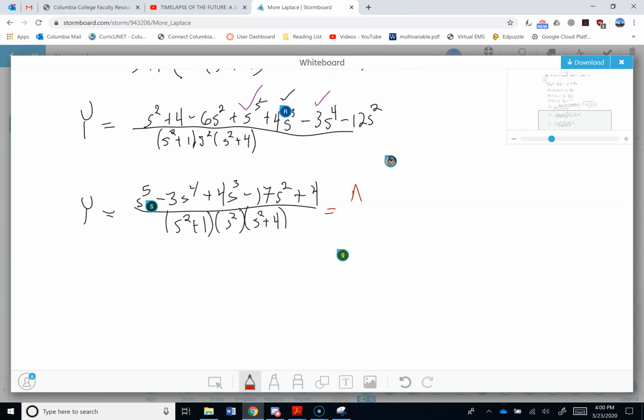So I have as plus b over s squared plus 1 plus c over s plus d over s squared plus es plus f over s squared plus 4.